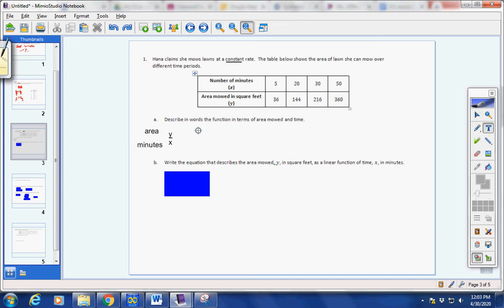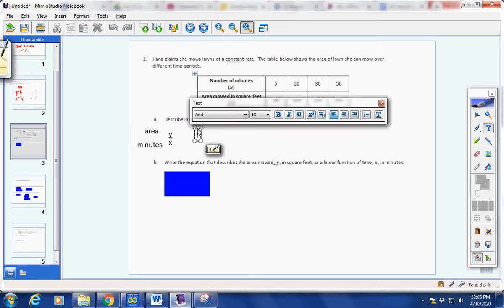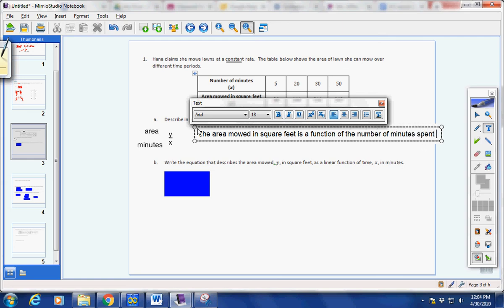So if we want to describe in words, we can just write that fraction right there, that ratio. The area mowed in square feet, because that's what y is, is a function of the number of minutes spent mowing.